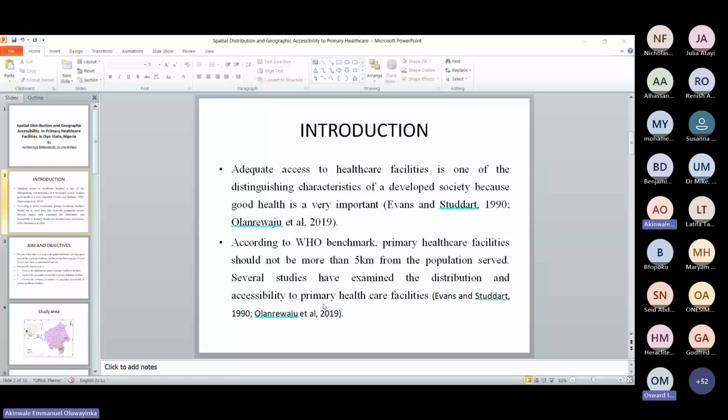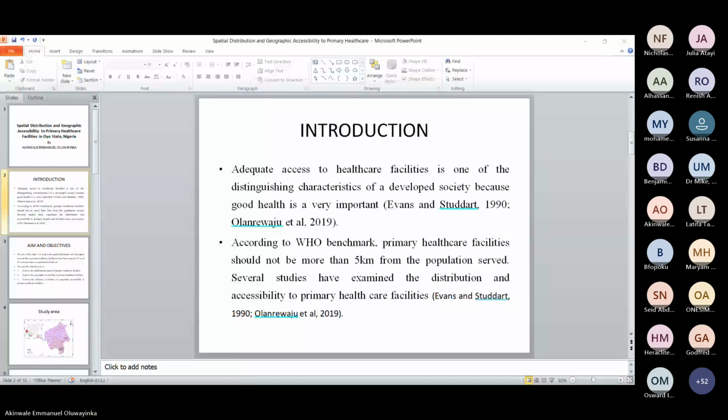And we should understand that even climate change is causing a lot of sicknesses and diseases in recent times.